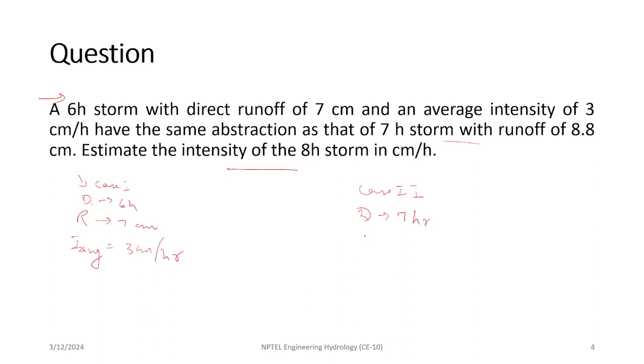Then in the second case, what is the data that is given? Here it is asking about intensity. So intensity is not known in this case, but at the same time direct runoff R is given as 8.8. So how can we proceed for solving the I average?